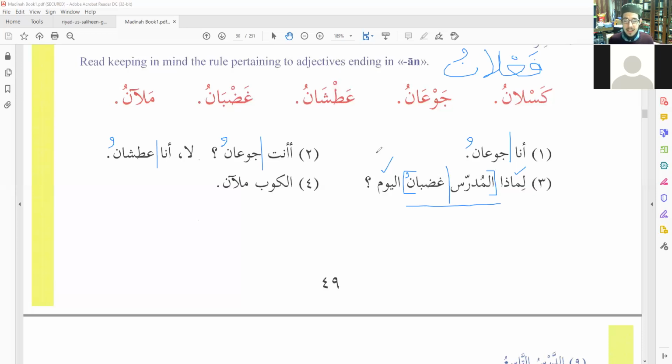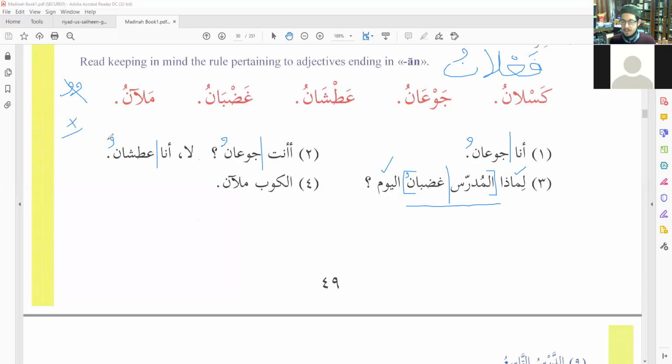And I went back to Alfiya ibn Malik, which is one of the standard texts of Arabic grammar, and was reading as to what makes this particular phonetic pattern mamnu' min as-sarf. What makes it indeclinable? Remember that the definition of mamnu' min as-sarf means no tanween and no kasra.